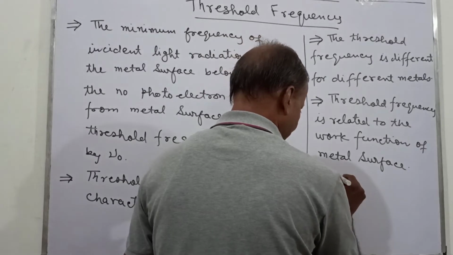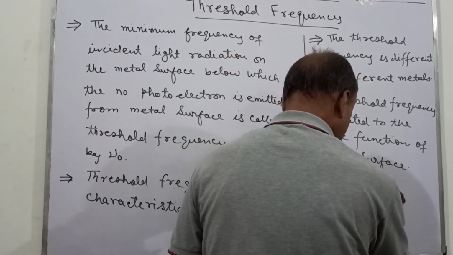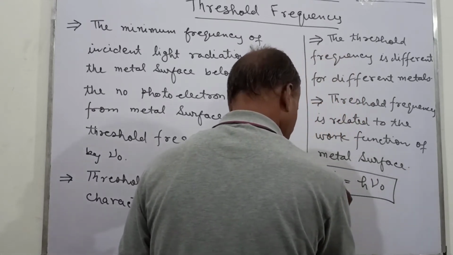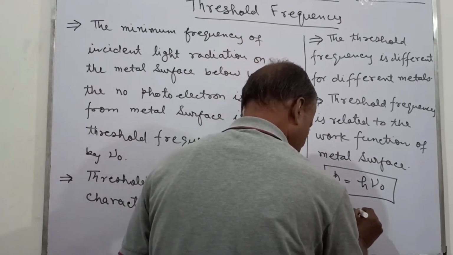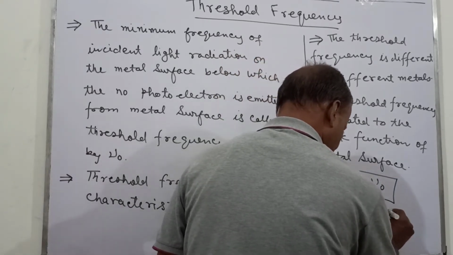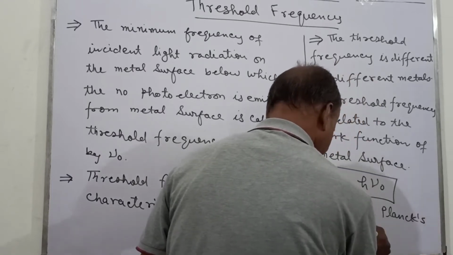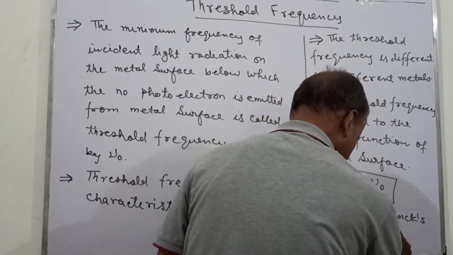So work function phi is equal to h nu naught, where h equals Planck's constant.